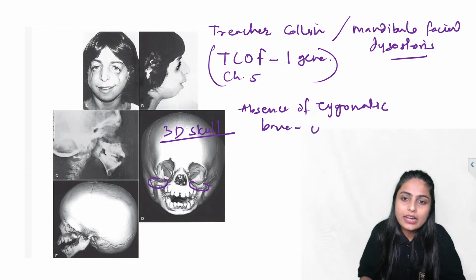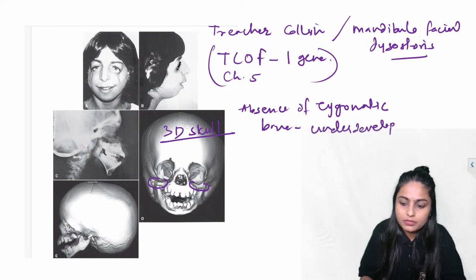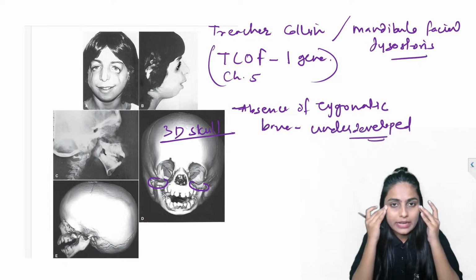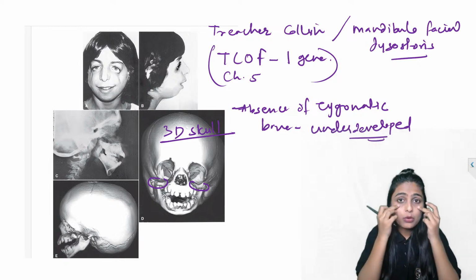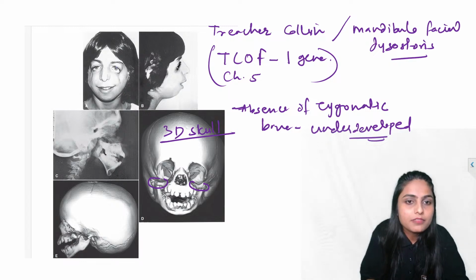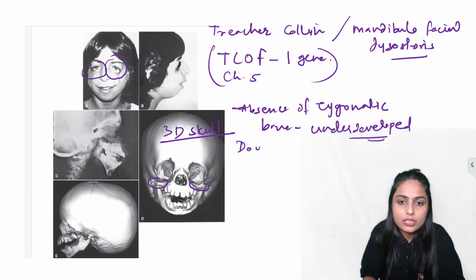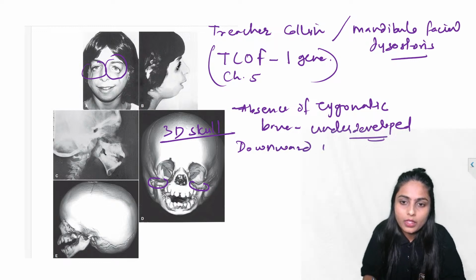Sometimes there is an underdeveloped zygomatic bone. Now, due to absence of zygomatic bone, there is a downward inclination of the palpebral fissure. Can you see here? There is a downward inclination of the palpebral fissure.